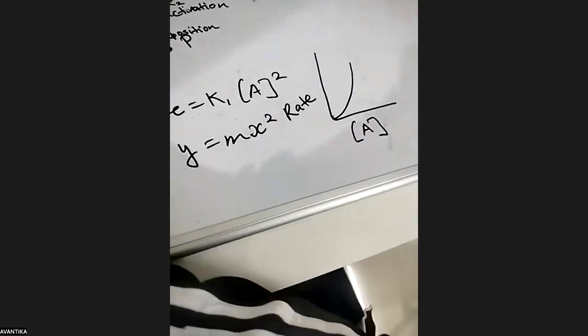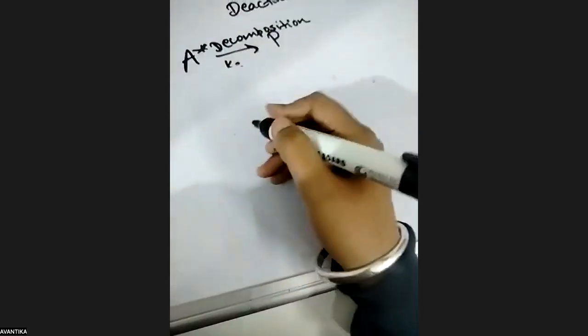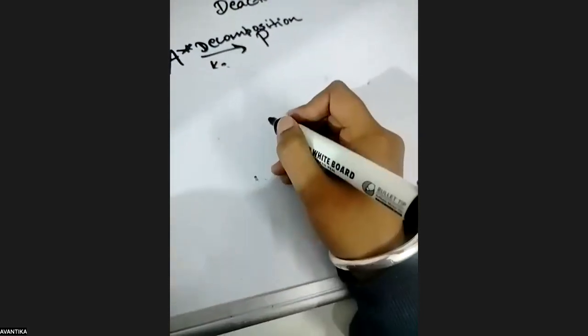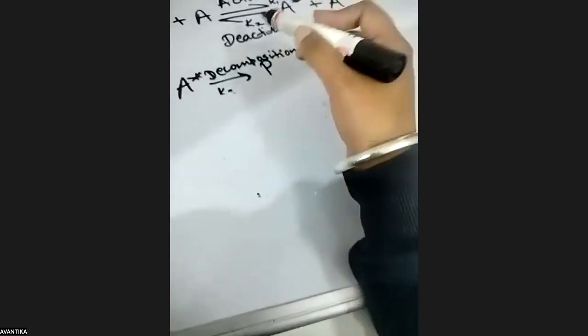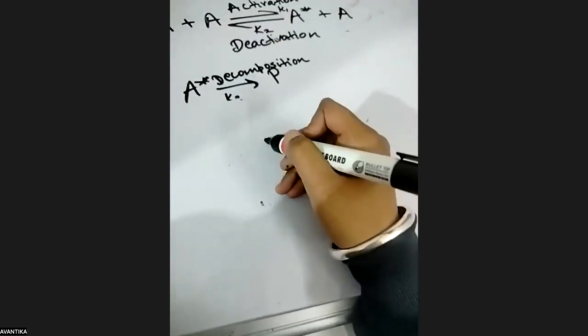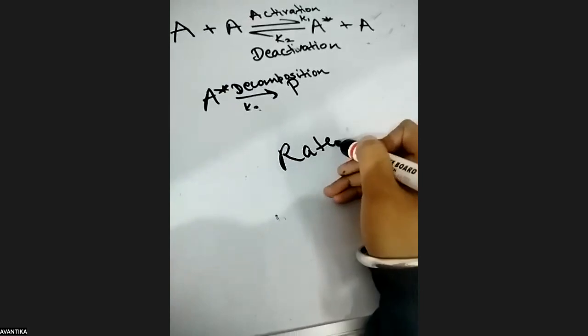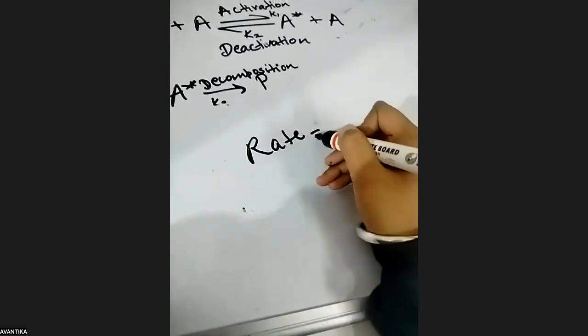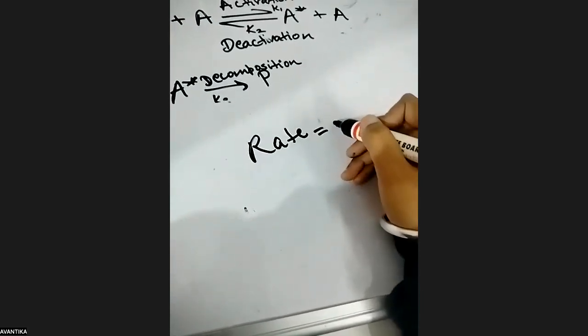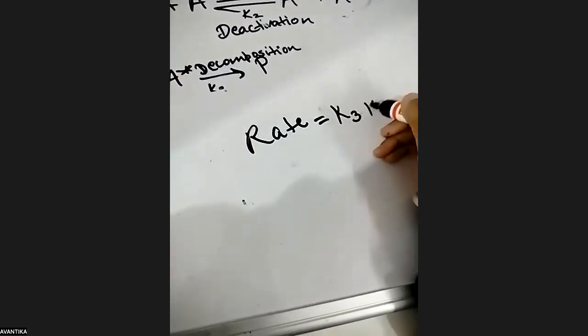And for the deactivation process, K2 will be greater than K3. So from the deactivation process, we will get rate equal to K3 K1 A upon K2.